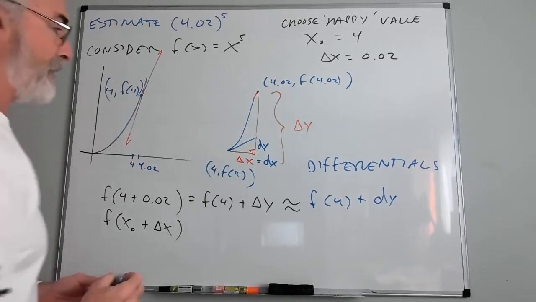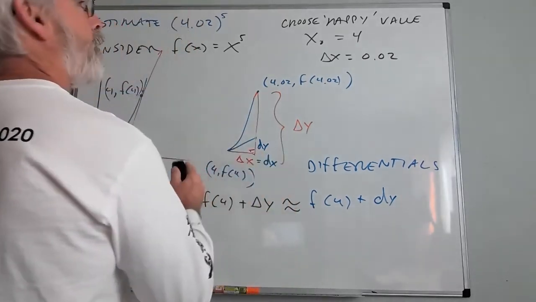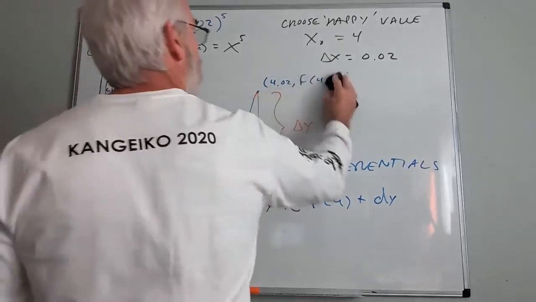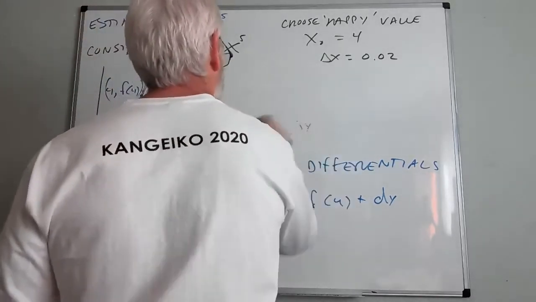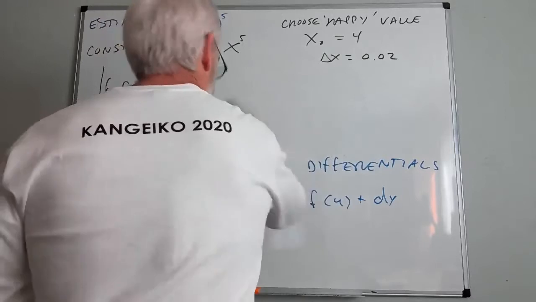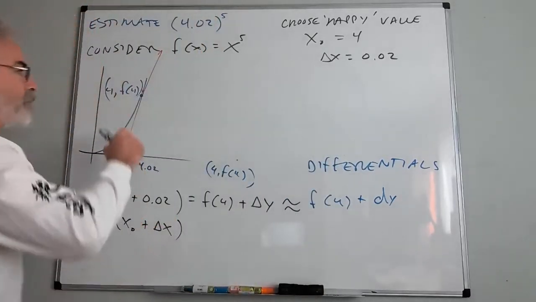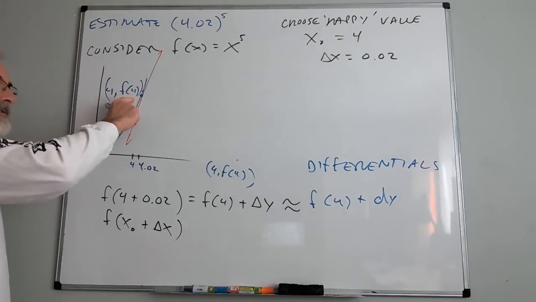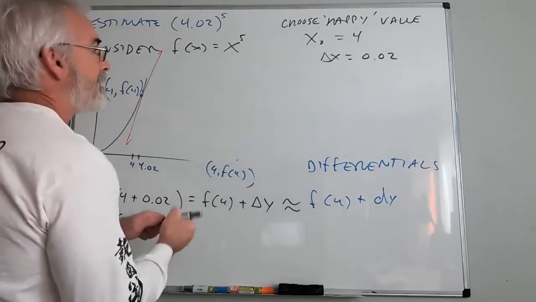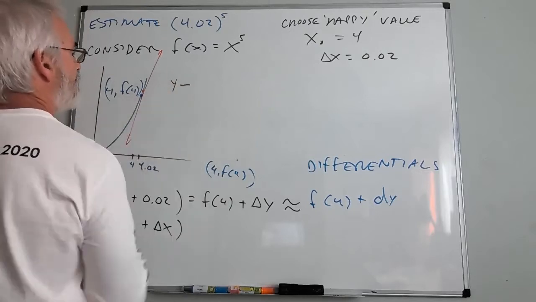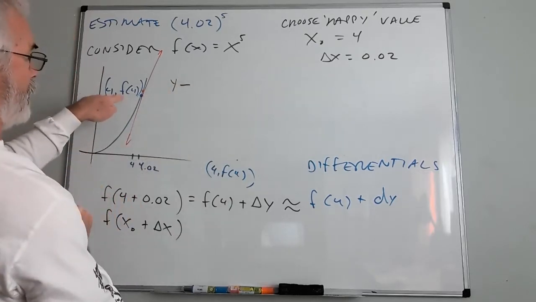Now, how do I calculate dy? Well, I said before, the point slope formula. So let me erase this because I don't need that right now. Now, what is the point slope formula? Well, if you remember, the point slope formula is y minus the y coordinate equals slope times x minus the x coordinate. So in this case, it'd be y minus the y coordinate. Remember, we're passing through this point.